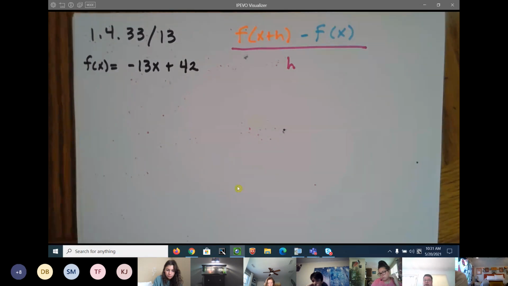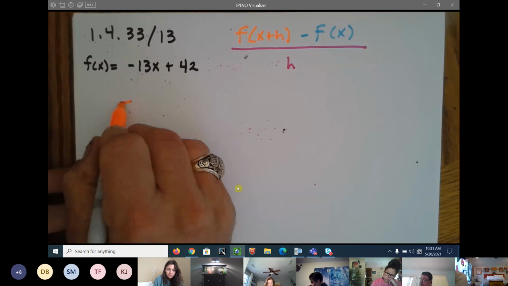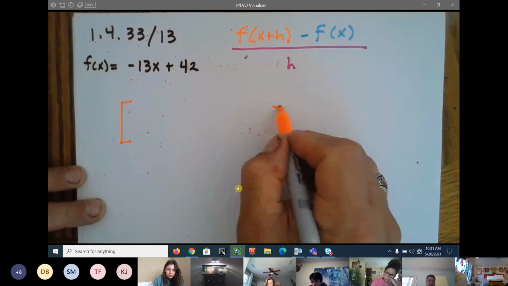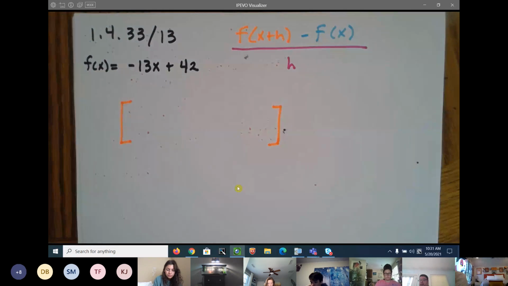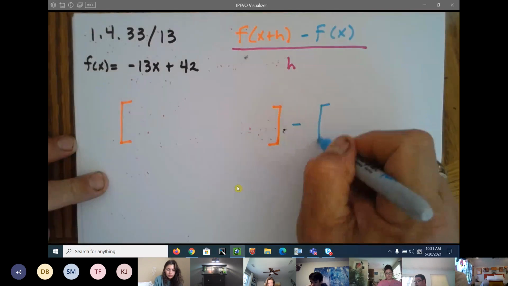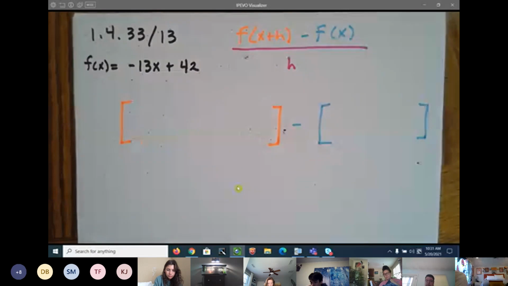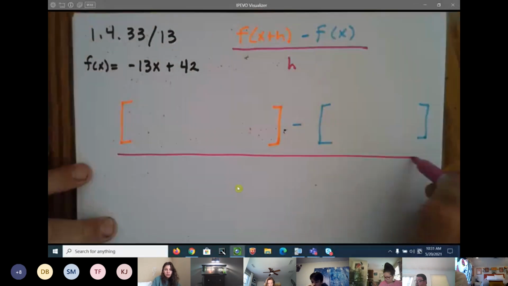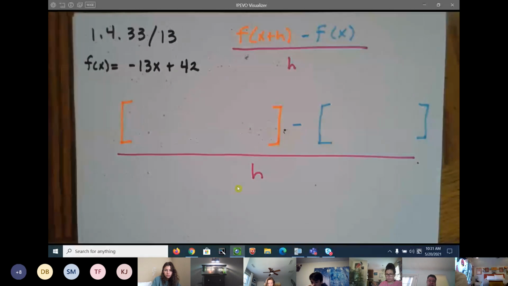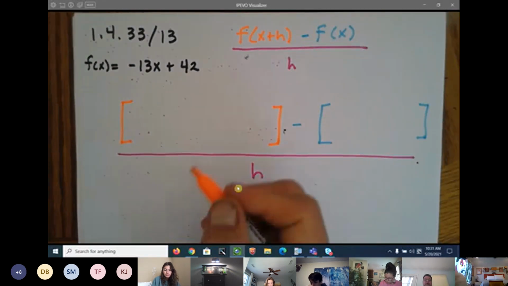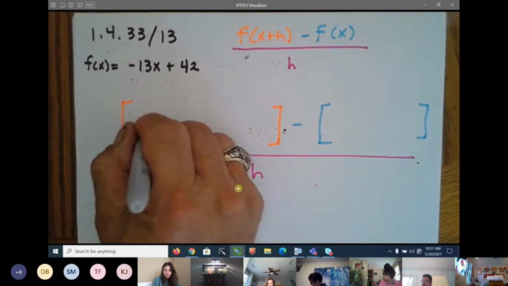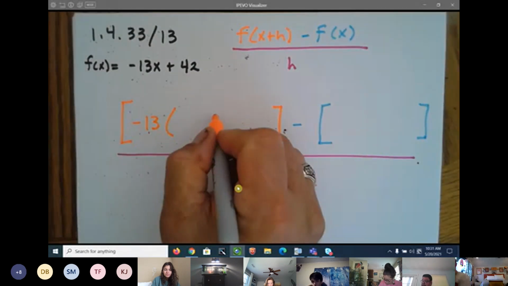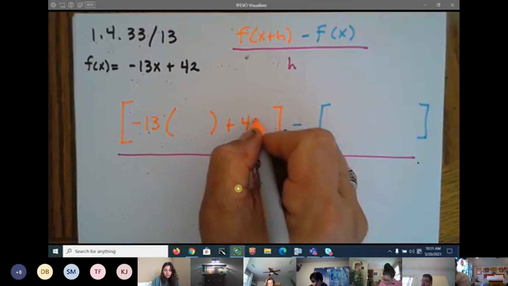So orange gets a big set of brackets. Blue gets a big set of brackets, all over h. So I'm going to redraw my equation using a big set of parentheses. So negative 13 parentheses plus 42.